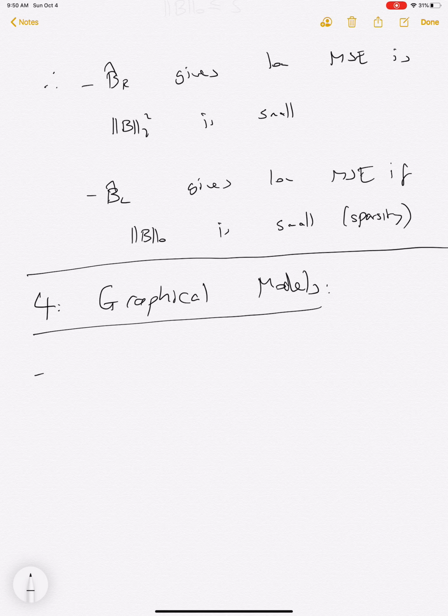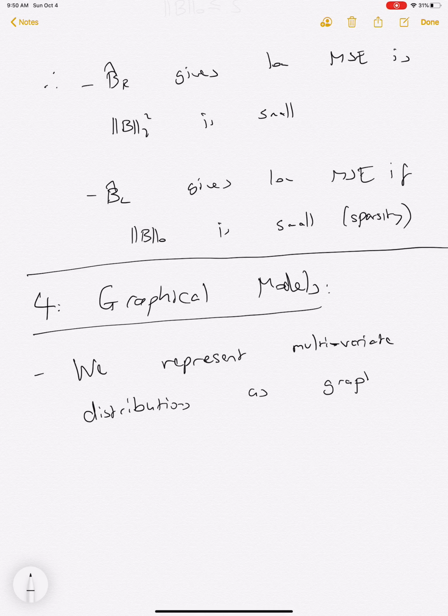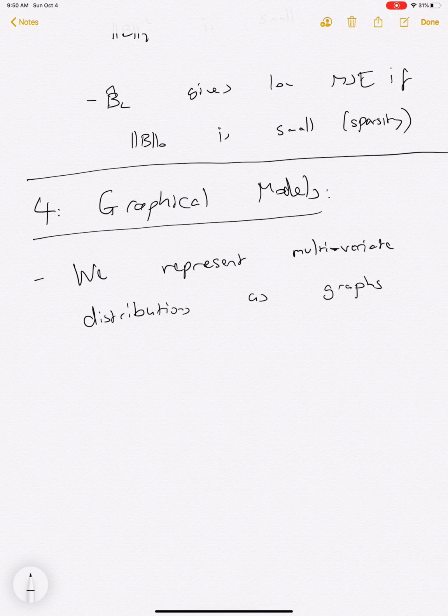So the idea here is that we represent multivariate distributions as graphs, okay? At this point I'm building slowly to the math. You probably won't get too mathematical today.